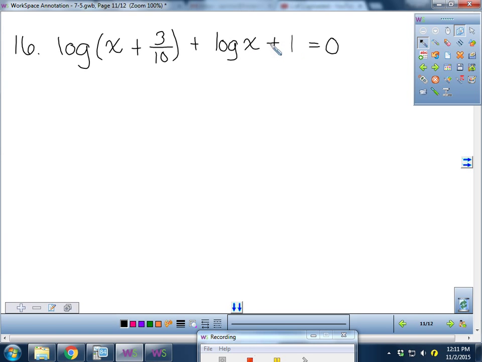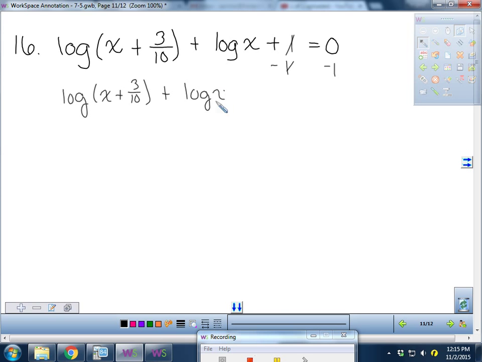So I want to move this away from both of my logs. So I'm going to subtract it. Alright, so that's going to leave me with log of x plus 3 tenths plus log x equals negative 1.